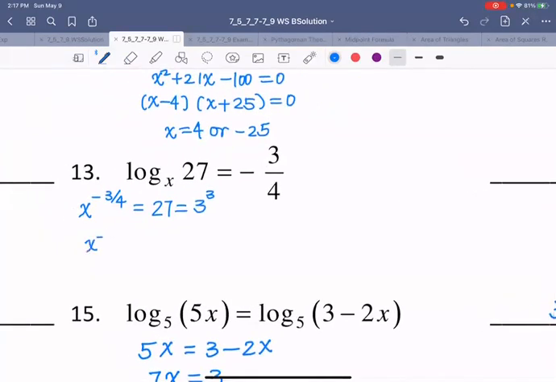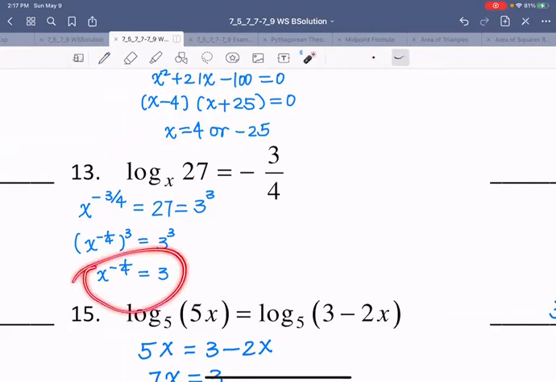Correct? Yeah. Now, x to the power of this equals 3 to the power of 3, right? Correct? Yeah. What do I do next?